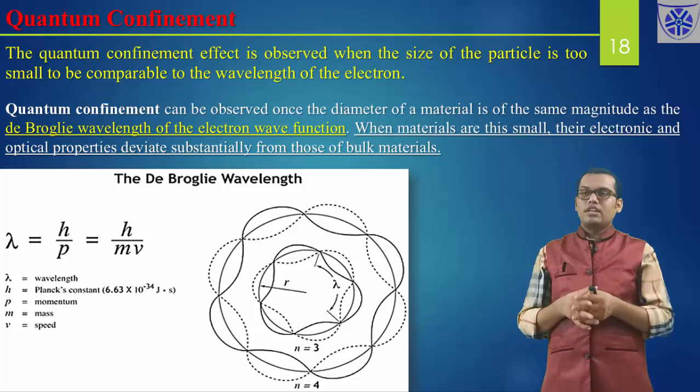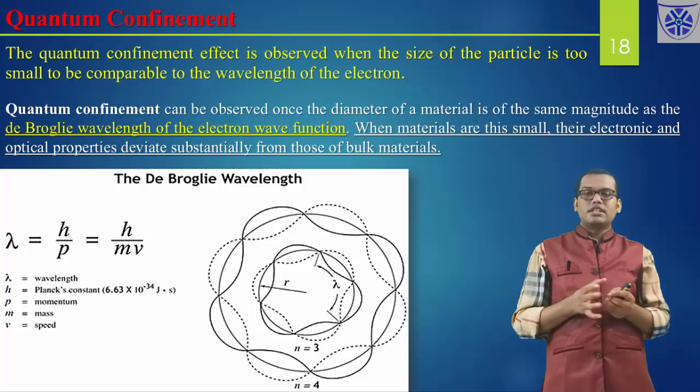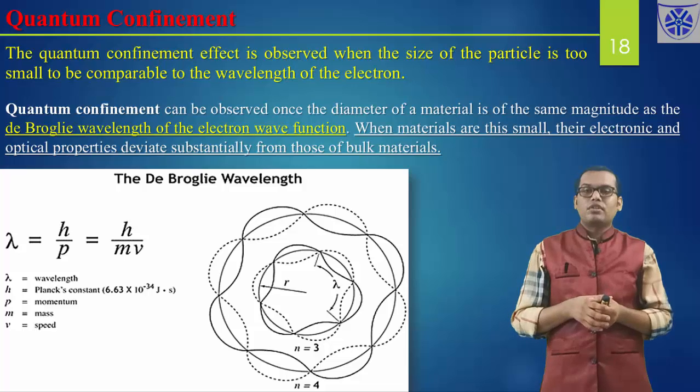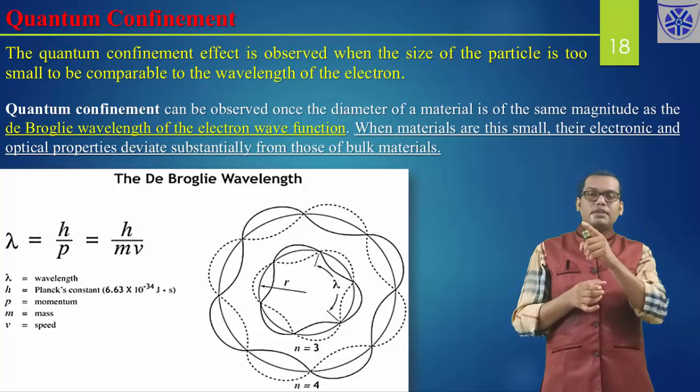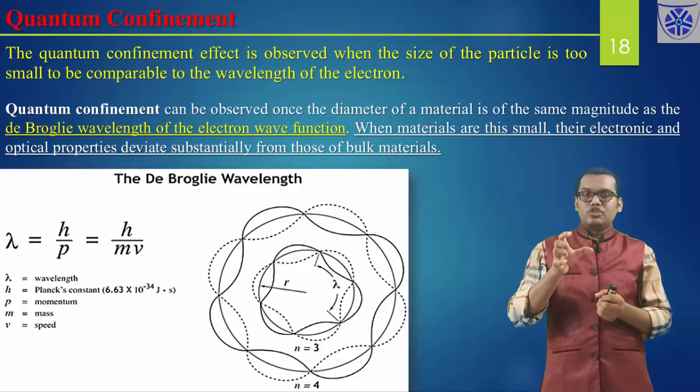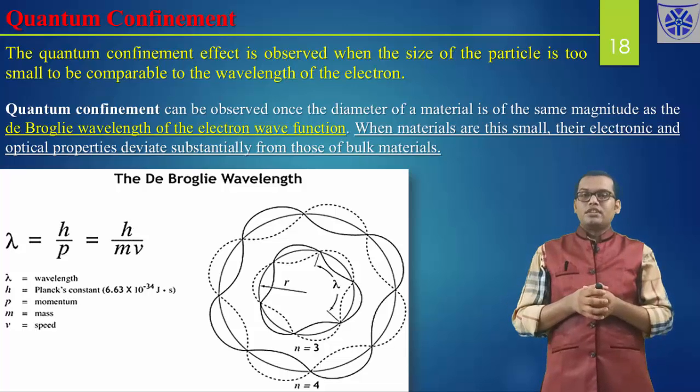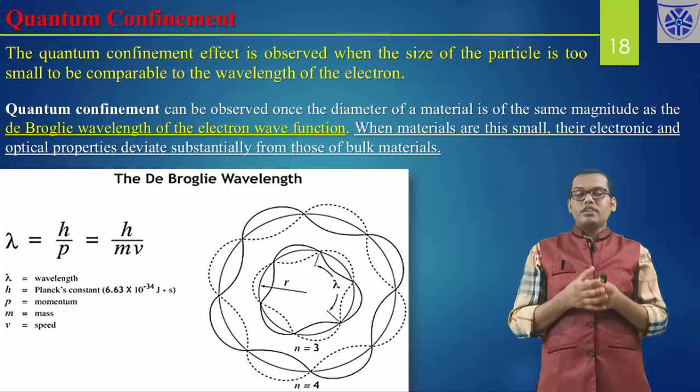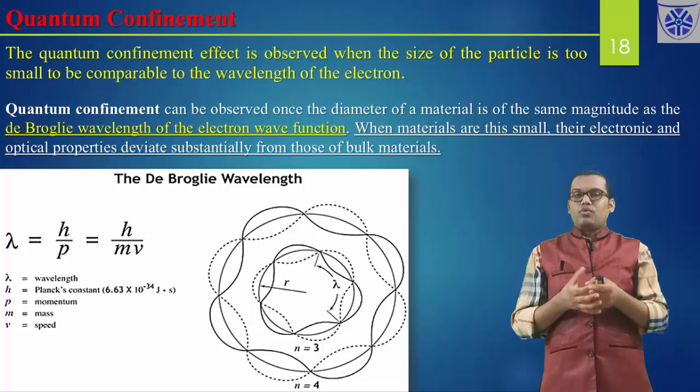What is the de Broglie formula? Lambda equals h by p, where h is the Planck's constant and p is the momentum. Lambda is called the de Broglie wavelength, the complete dimension of one wave. Once the size of the nanomaterial is equal to the dimension of lambda, that material will show the quantum confinement effect.